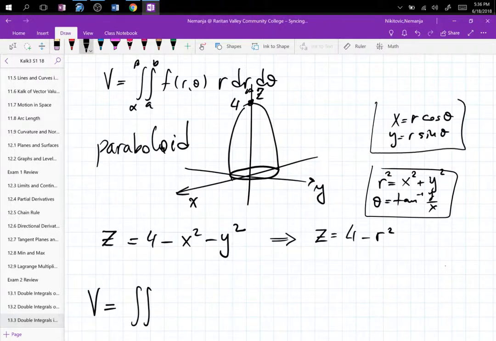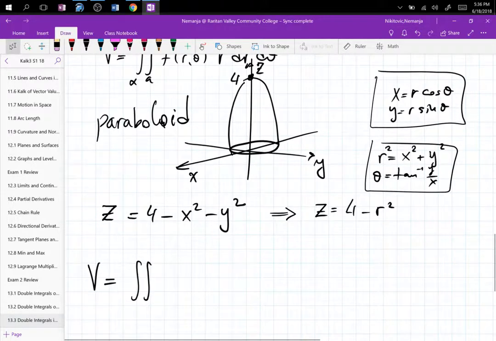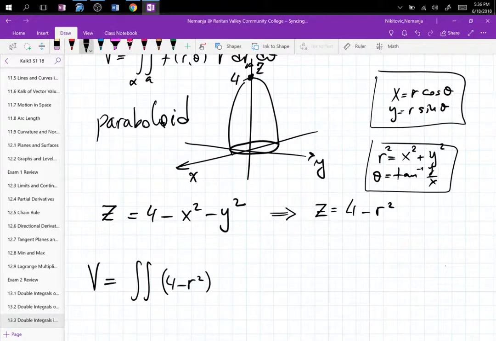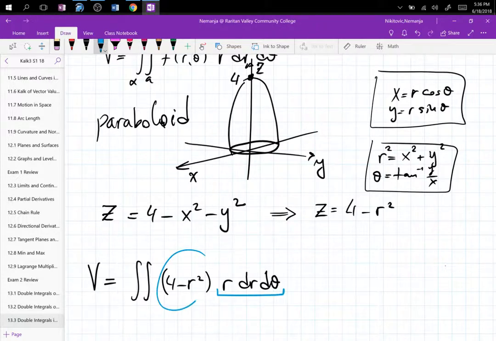So those are the conversion formulas from before. So now, as you can see, I can plug in 4 minus r squared and then times r dr d theta as a string. So this stays as a unit. It's added as a unit. We don't care what happens before it. This part gets added as a unit at the end.